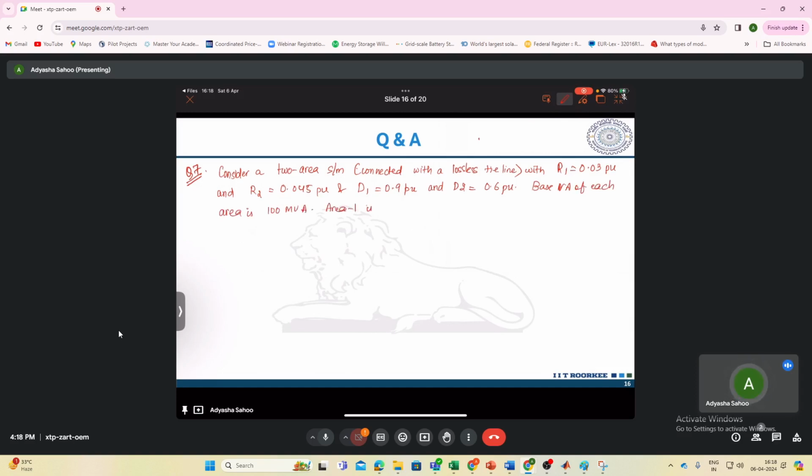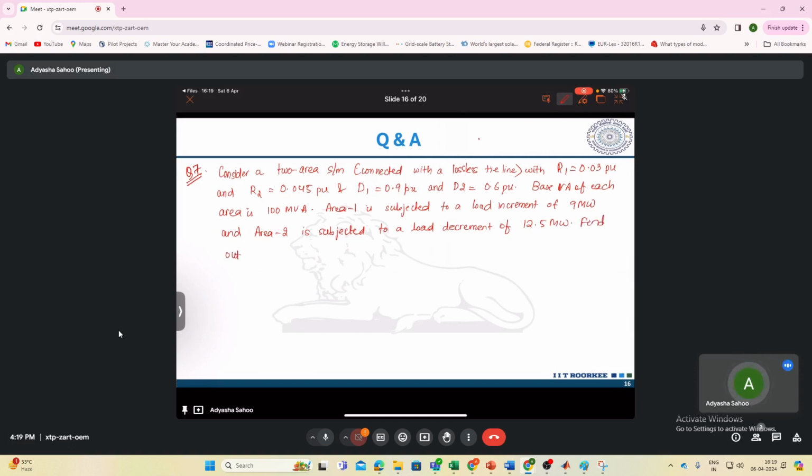So area 1 is subjected to load increment of 9 megawatt and area 2 is subjected to a load decrement of 12.5 megawatt.